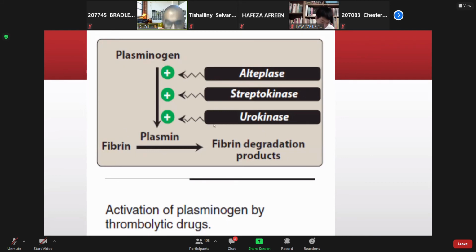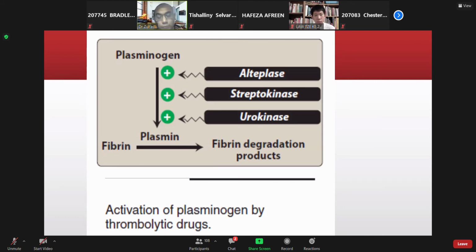So these three drugs accelerate the conversion of plasminogen into plasmin, and this plasmin will degrade the fibrin into fibrin degradation products. Why do we need to degrade the fibrin? Because when there is a blood clot, it means fibrin has been formed.